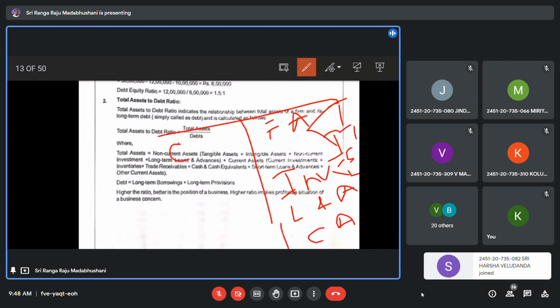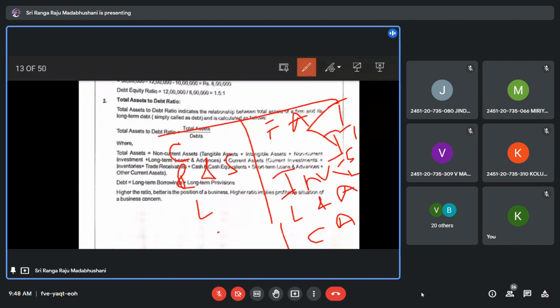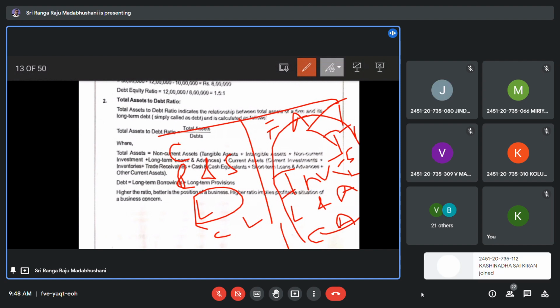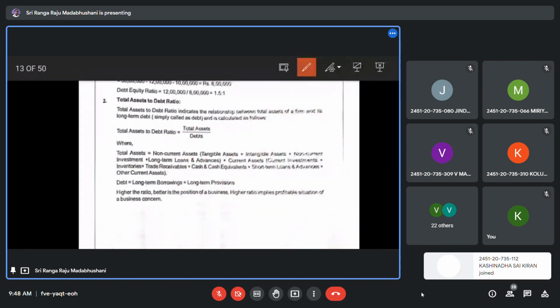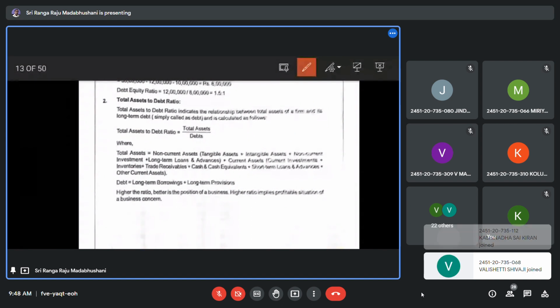Here, capital, reserves and surplus, long-term loan, and current liability. This is long-term loans. So the sum of this is the debt. So how much our assets and how much our debt, whether our assets are more than the debt.